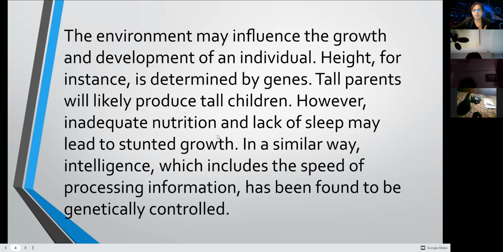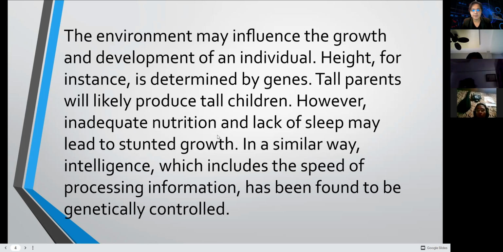Inadequate nutrition and lack of sleep may lead to stunted growth. Although you have the genes for tall because all of the parents are tall, some of the offspring become stunted or short. Why? Because there are factors that may affect some of the genes.